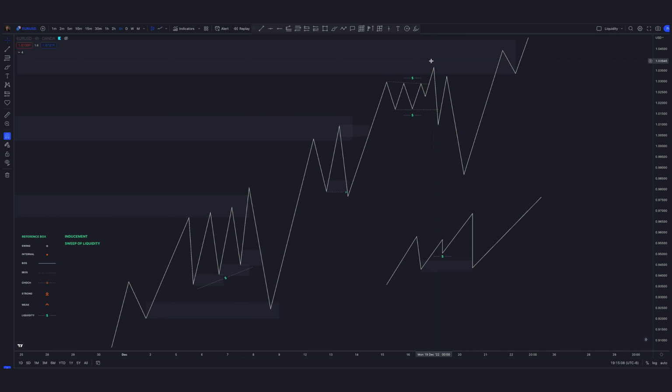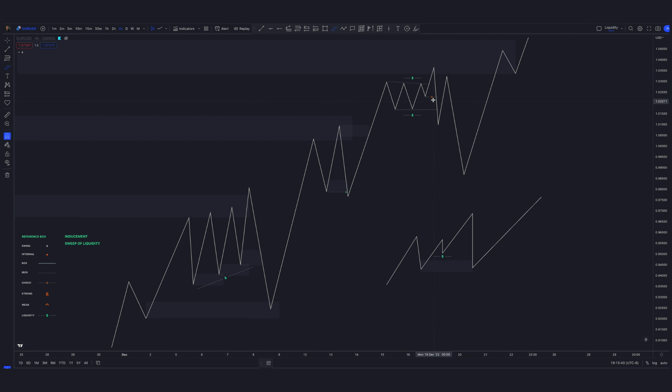But now that we know about the CHoCH, the supply and the liquidity, we would see that we had a real CHoCH here. Let me just mark this. So now we had a real CHoCH. The first thing is that price wants to continue maybe down, we don't know yet.